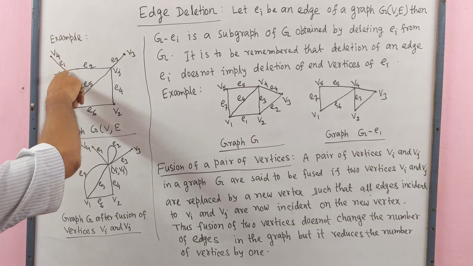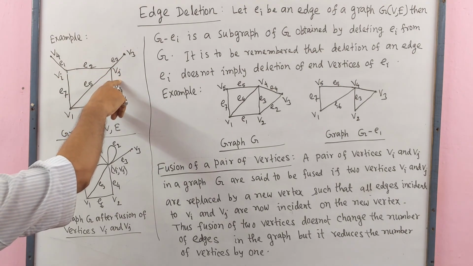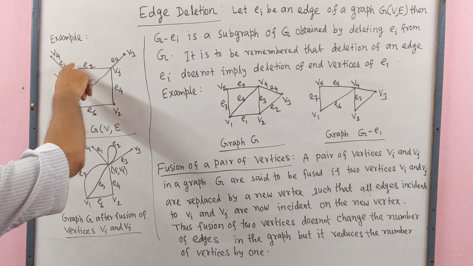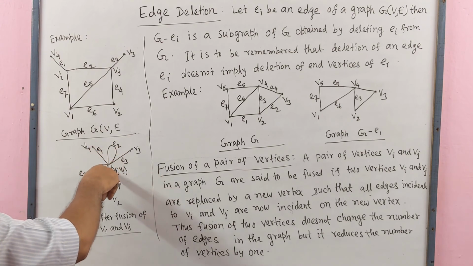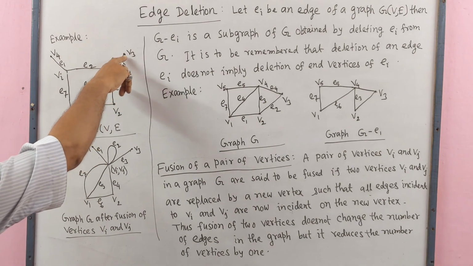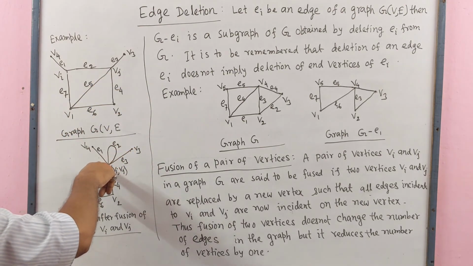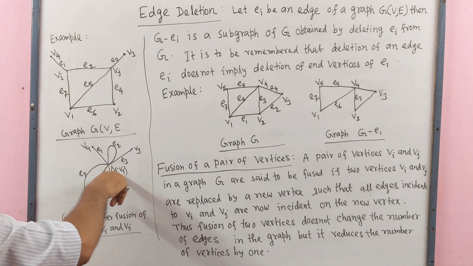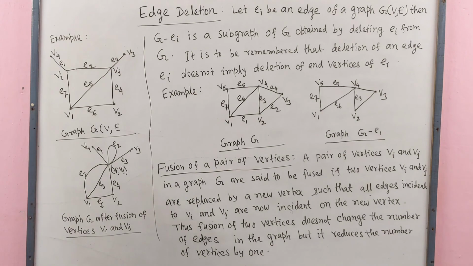Also, here we see that edge E2 is incident to both Vi and Vj. So, E2 will be changed into a self loop, and it will be incident to the vertex ViVj. Here, edge E3, which is incident to Vj, will be incident to the new position ViVj with the vertex V3. This is the graph G after fusion of vertices Vi and Vj.